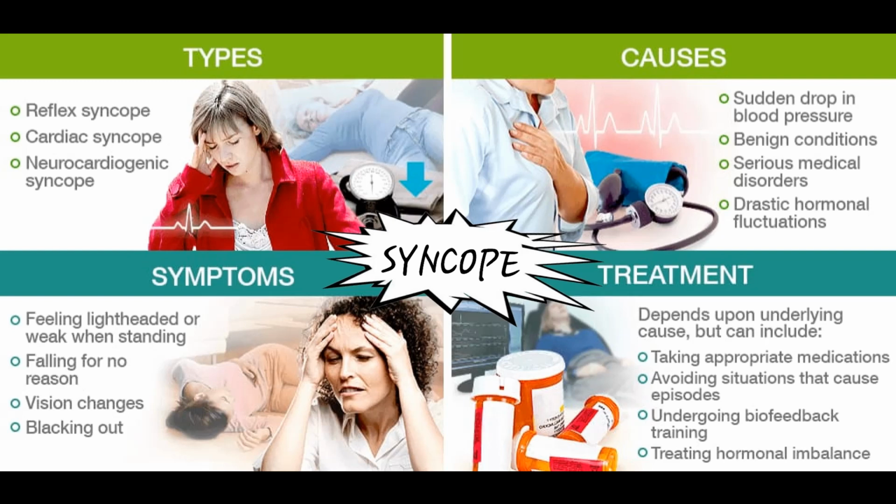The treatment options available depend upon the underlying cause, but they can include the following: taking appropriate medications according to compliance, avoiding situations that cause episodes, undergoing biofeedback training, and treating hormonal imbalance.